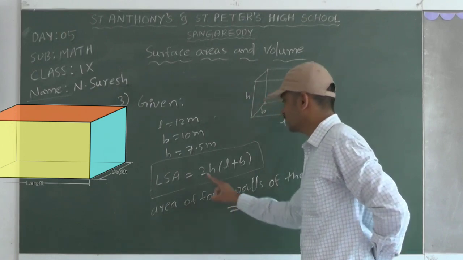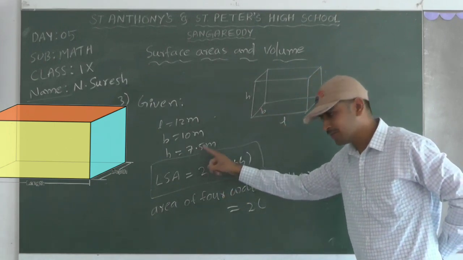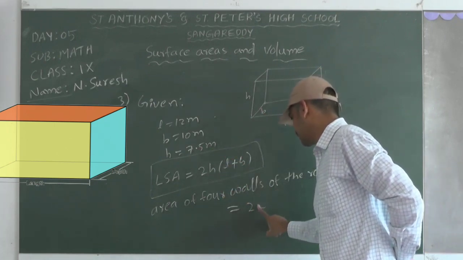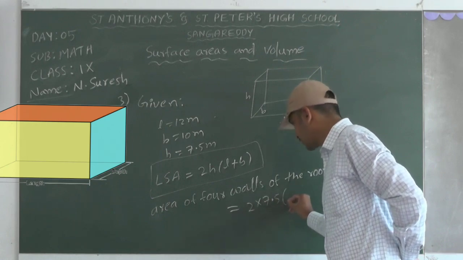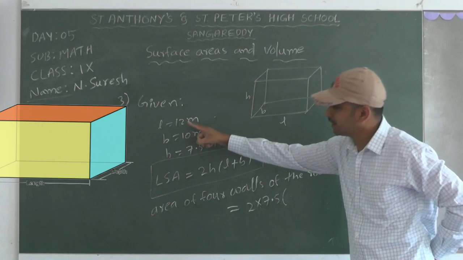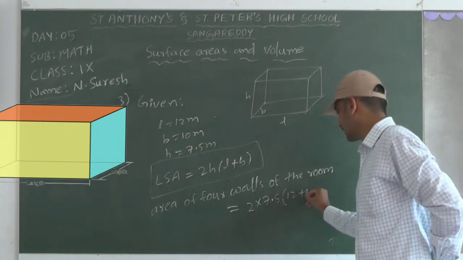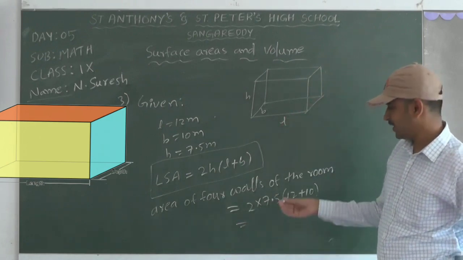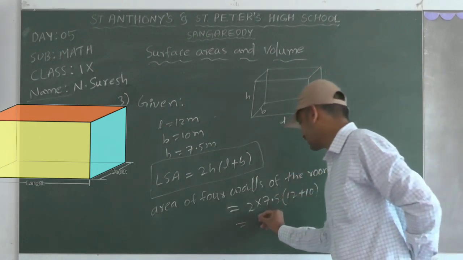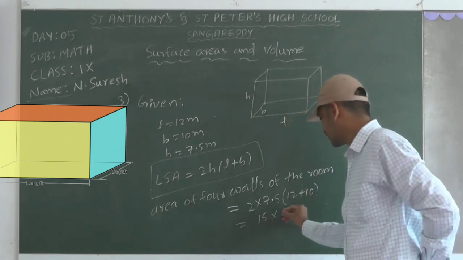Which is equal to 2h, height of the room, that is 7.5, into L plus B. L equals 12, B equals 10. 12 plus 10. So 2 into 7.5, 7.5 two times, that is 15, into 12 plus 10, 22.